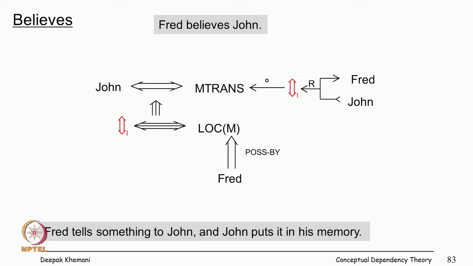So, that event has been told by John to Fred. This results in, so there is a causal connection between John telling, entrancing this to Fred, and the causal connection of Fred believing it. We saw that one sense of belief is that it lies in your memory essentially. So, whatever that fact was told by John, Fred has in some sense faithfully put it in his memory. So, he believes it after that essentially.